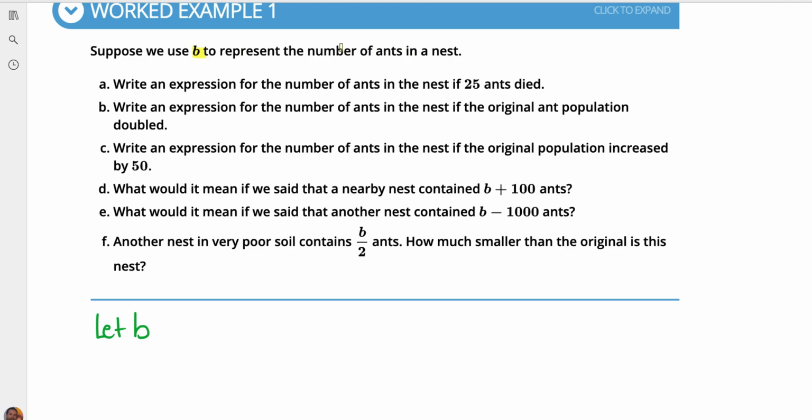So B, number of ants in the nest. And I'm going to write exactly the same thing here. So let B be the number of ants in a nest.